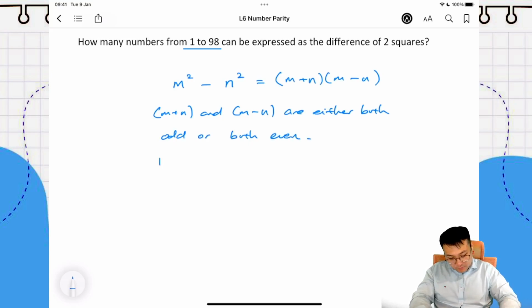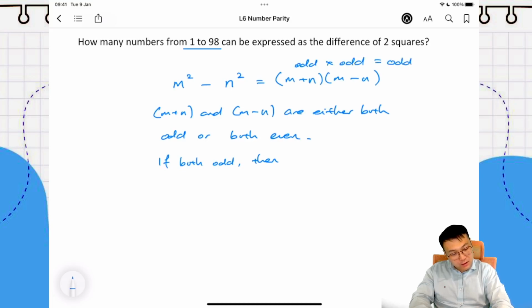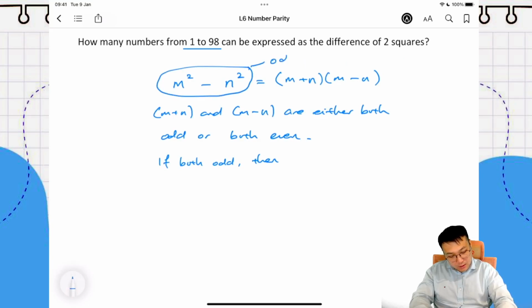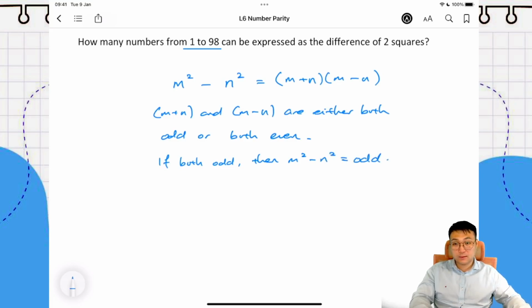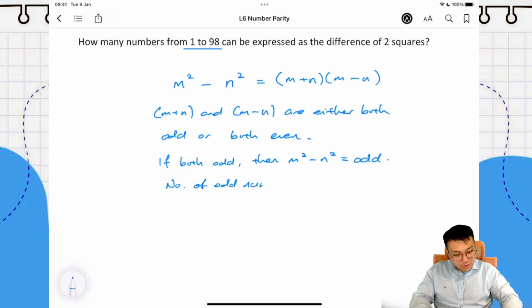So if both of them are odd, what can we say? Okay, then we will realize that odd times odd equals odd. That means this answer will be odd. Then m square minus n square will be odd. Right? So, if this is odd, how many odd numbers are there from 1 to 98?